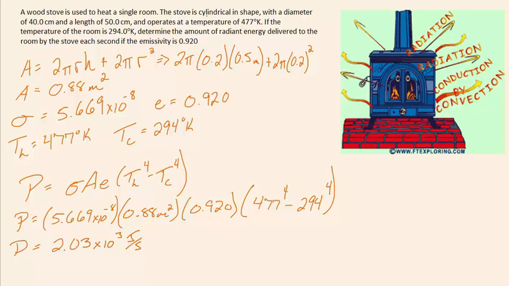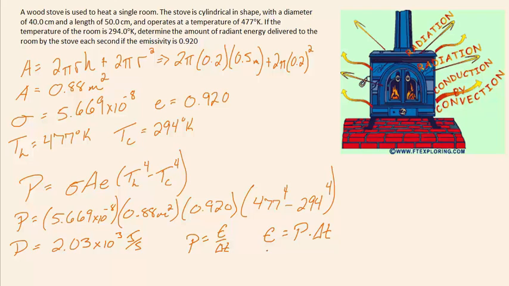But we're asked for how much energy is delivered to the room. So given our equation that power is equal to energy over time, we rearrange our equation to solve for our energy. We know our amount of power and a time of each second.